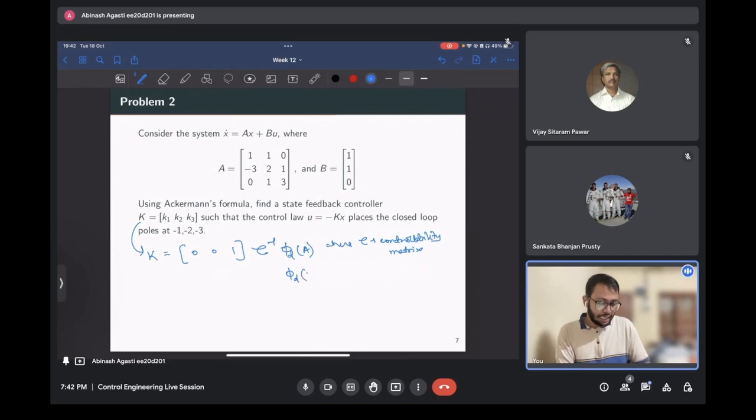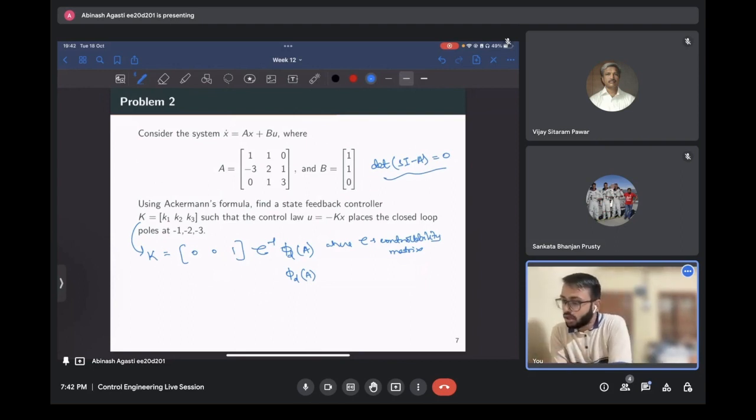is the desired characteristic polynomial. Basically, you take the determinant of sI minus A, equate it to 0, and substitute A in place of s in the polynomial that you get.